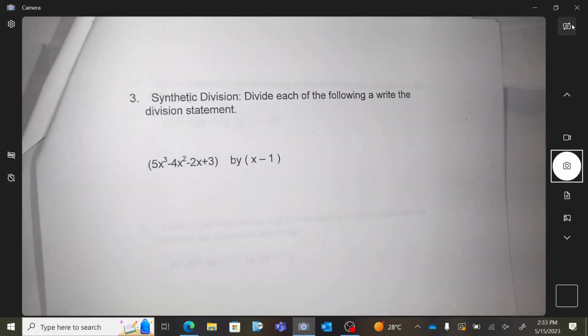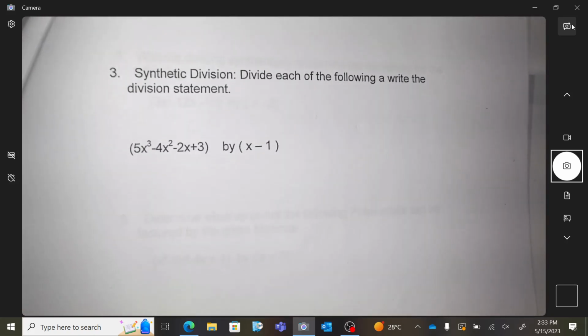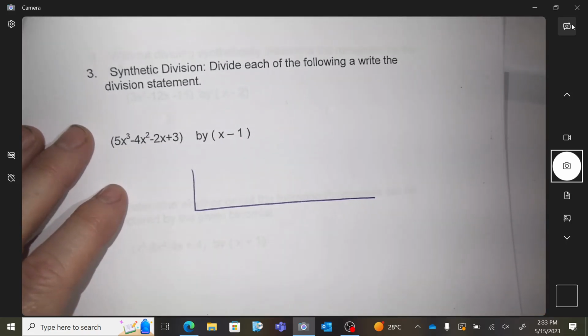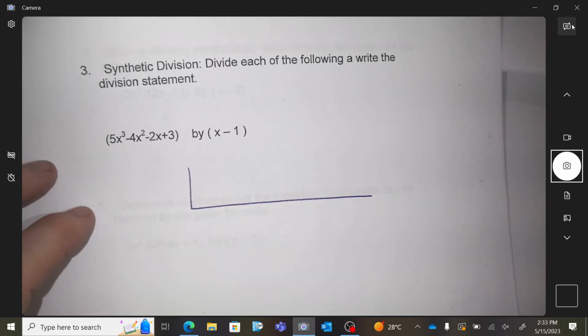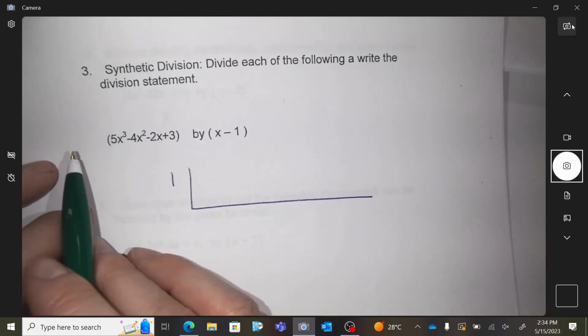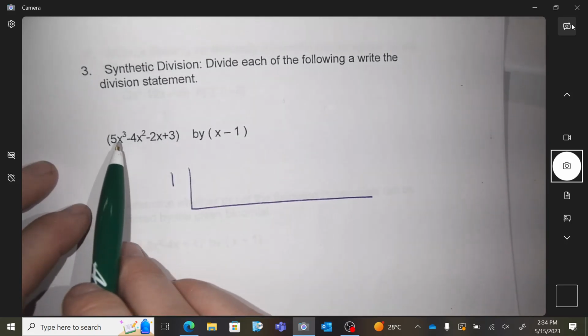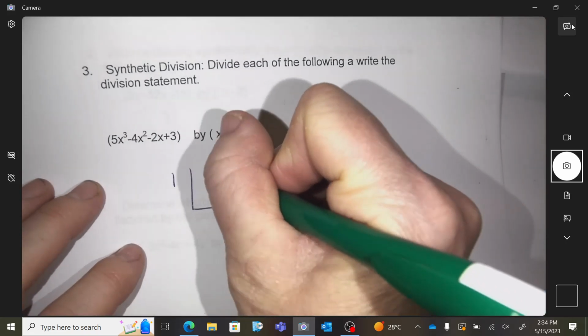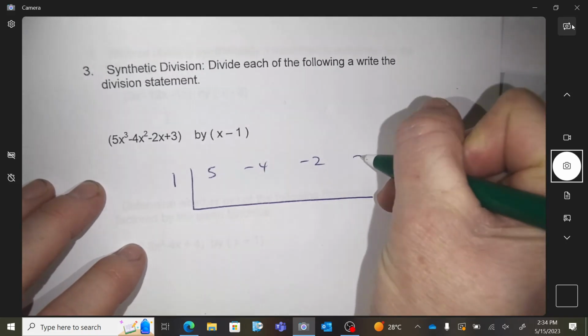Okay, synthetic division. So I'm going to do my box. I'm going to put a positive 1 on the outside. I'm going to check for gaps. Cube, squared, x, number, good. So just write 5, -4, -2, and 3.